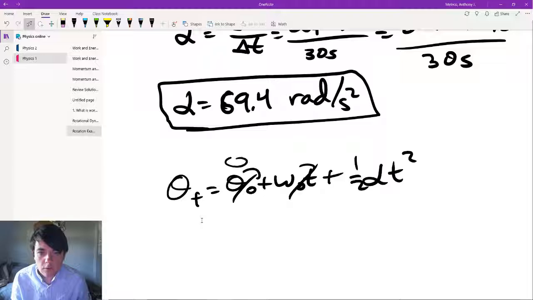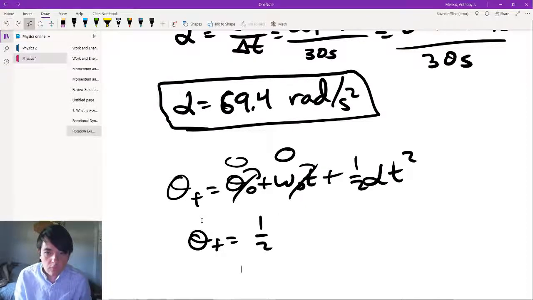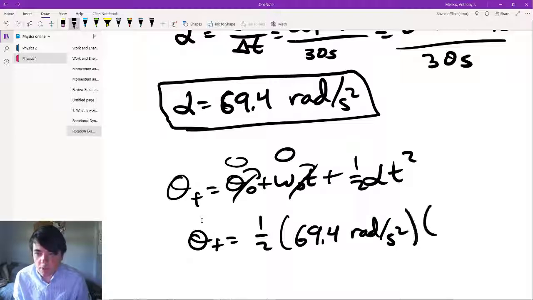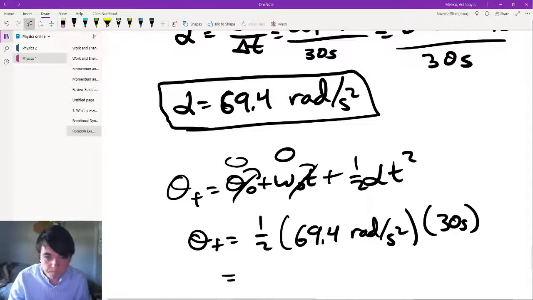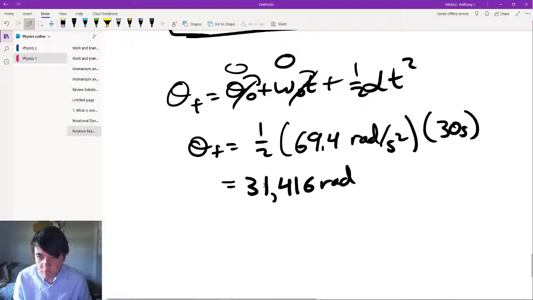With 69.4 radians per second squared times 30 seconds, what we end up getting is 31,416 radians, but we need it in revolutions.